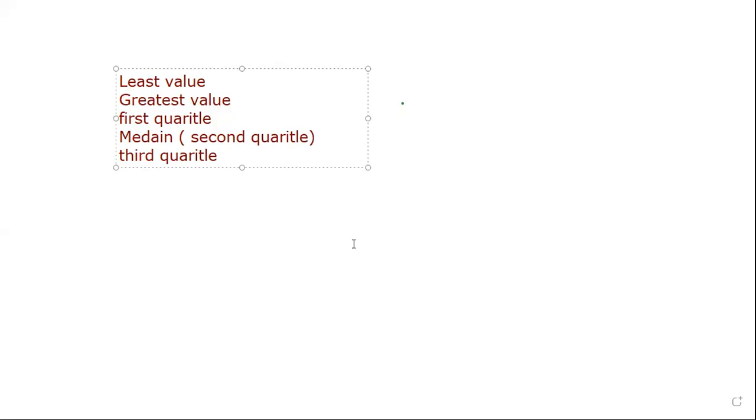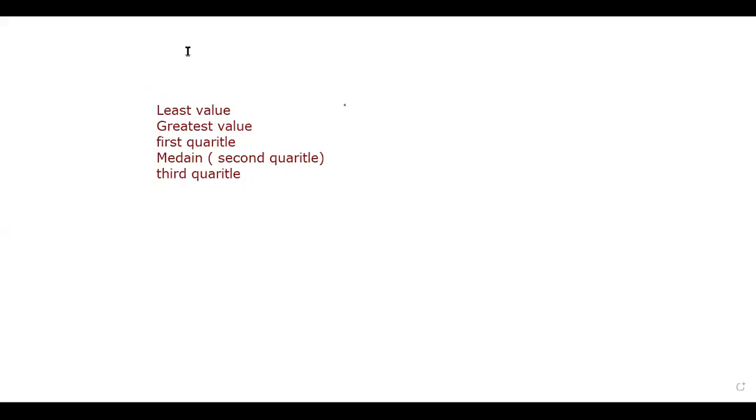So in case we have a set of data and we want to arrange data in a box and whisker plot, we have to prepare the least value, the greatest value, first quartile, median, and third quartile.